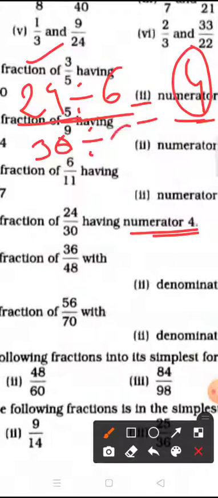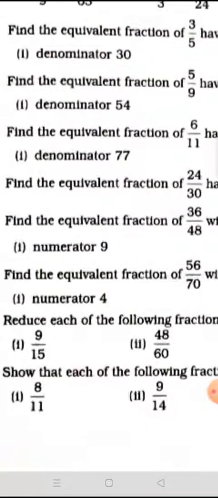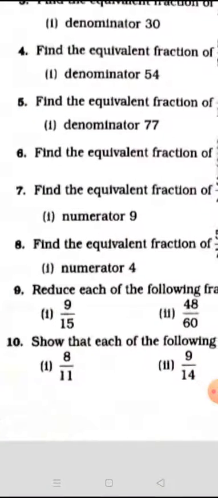So you have to divide both numbers by 6. Here you have to use division because this is smaller than the given fraction. So divide it. 6 fours are 24 and 30 divided by 6 comes 5. So it's your answer.